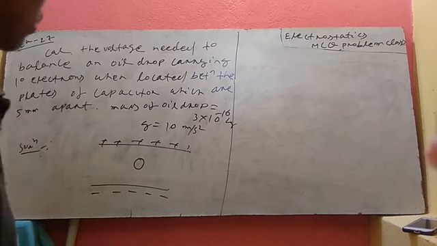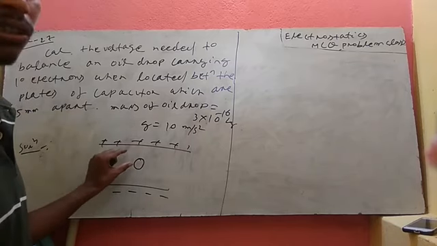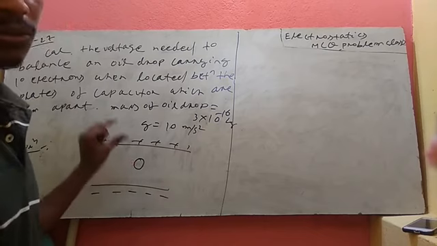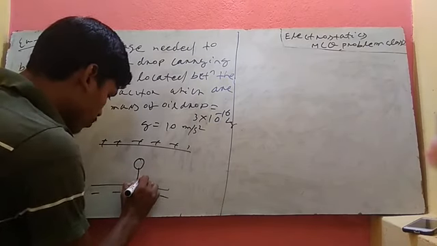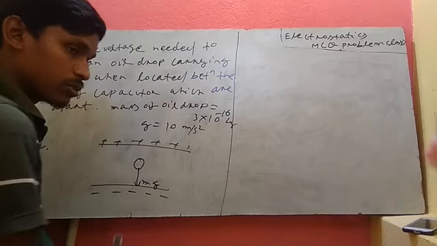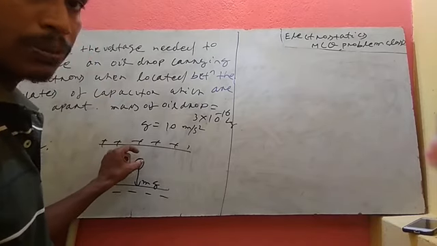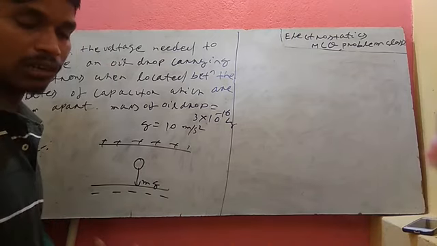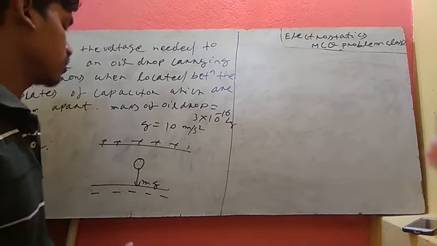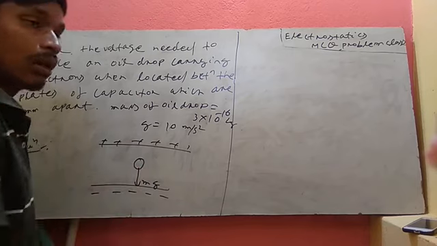The question asks that this oil drop must be in a stationary position. Here the weight mg acts downward, so the drop tries to move downward due to gravity.